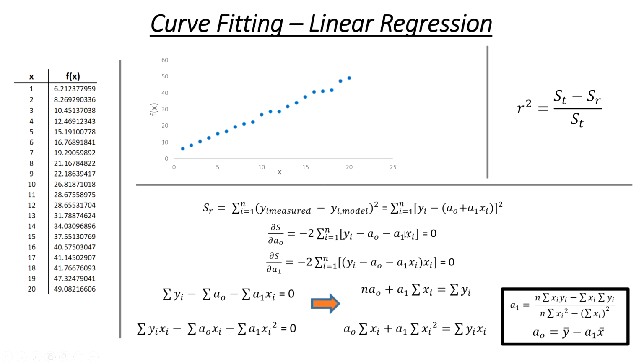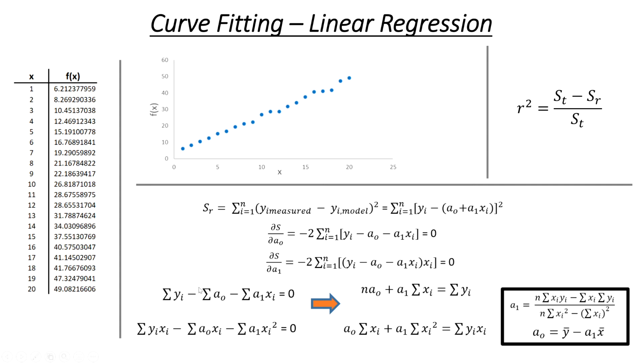Now, if we take this and we distribute the sigma inside, we come up with this expression here. So we have the sigma of yi minus sigma a naught minus sigma a1 xi equal to 0. We do the same thing here. We distribute the sigma. We have this here, the sigma yi xi minus sigma a naught xi minus sigma a1 xi squared equal to 0.